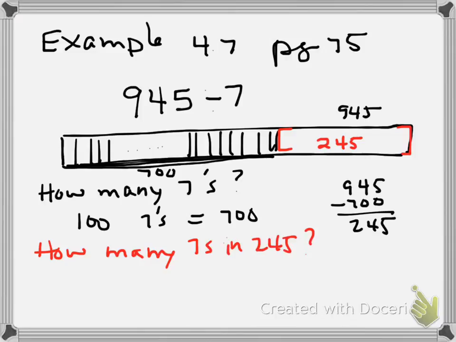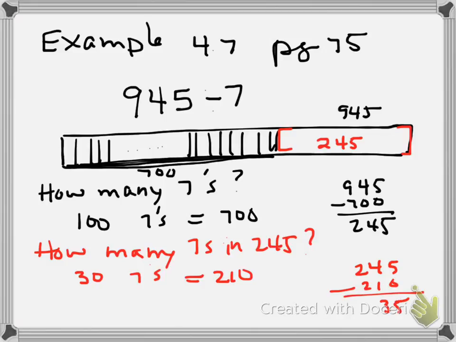Okay, and I'm thinking, well, a number that I know pretty well would be 30. 30 is a nice round number, okay? So I'm going to say 30 sevens in 245. Well, that's 210, right? So 245 minus 210 is 35.